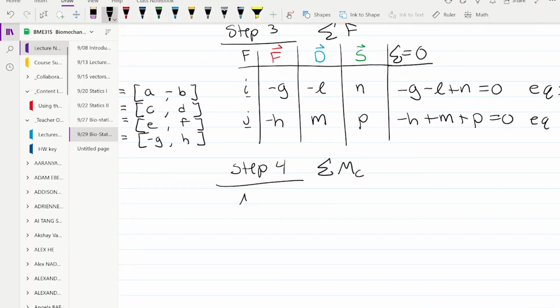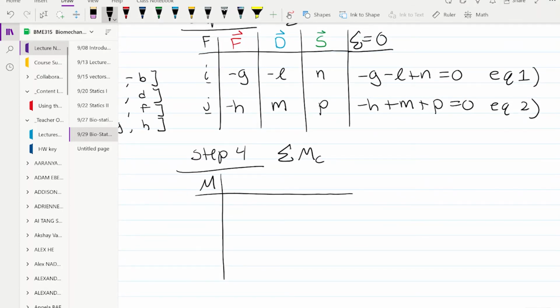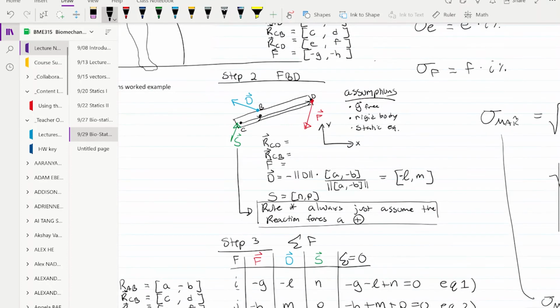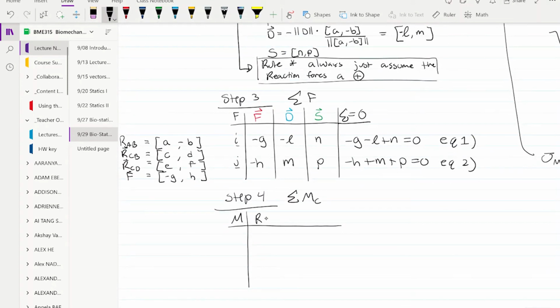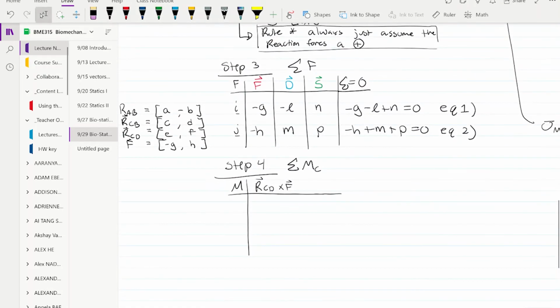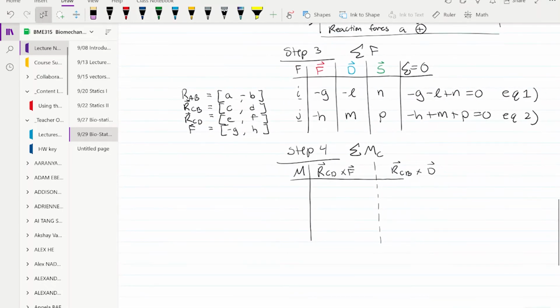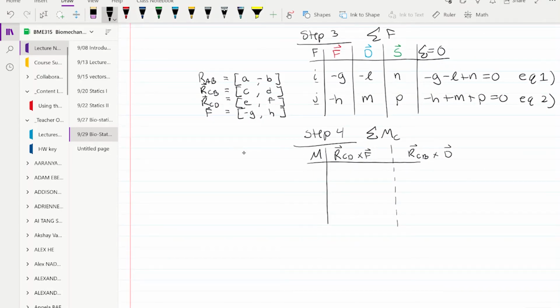So let's call this a moment table. We're going to do R, C to D cross F. And we will do R, C to B cross D. Okay, so RCD cross F. Remember, if we just write this stuff down next to each other and cross them, it actually becomes pretty convenient.